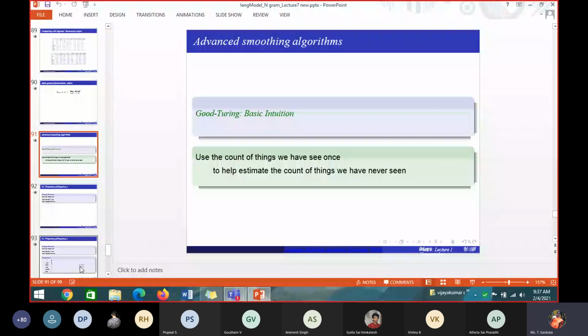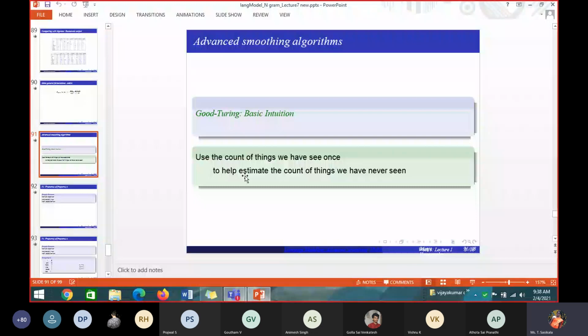The things seen twice are used to find the probability for the things seen once, and the things seen once are used to estimate the probability for the things not seen at all. So the idea is to use the count of things seen once to find the count of things never seen in the training data.